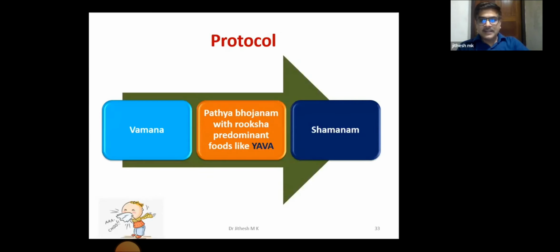And here the treatment is Vamana. Again, Pathya Bhojana. Here we have to use all the Ruksha Kriya with dietary restrictions such as Yava, because this is the actual Samprapti that we explained in the beginning.